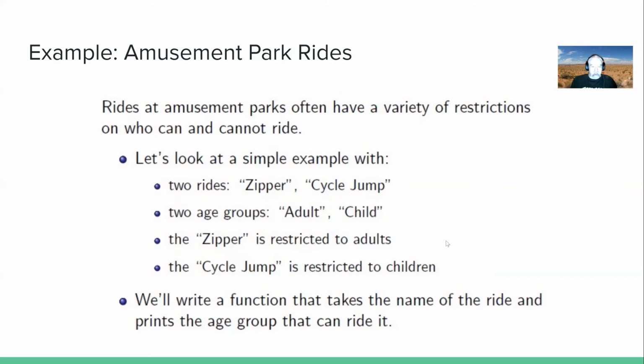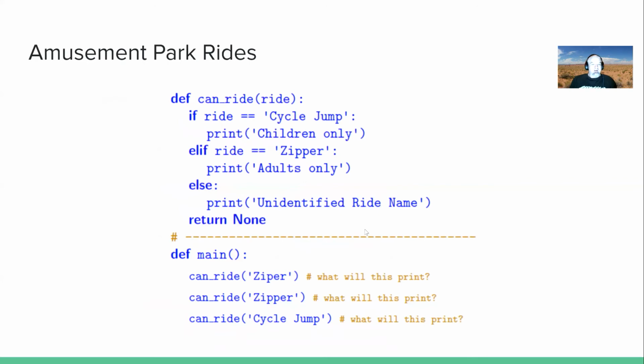So only adults can ride the Zipper, and only children can ride the Cycle Jump. So we're basically going to write a function that takes the name of the ride and prints the age group that can ride it, right? And so effectively, this is what that could look like. We're defining a function called canRide, and we have the parameter ride, to which we're going to pass an argument. And we're basically saying if ride equals Cycle Jump, then print children only.